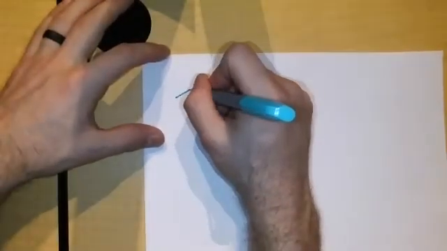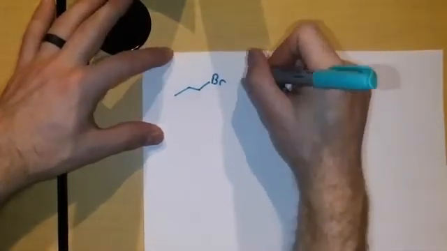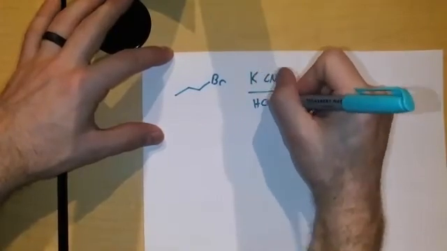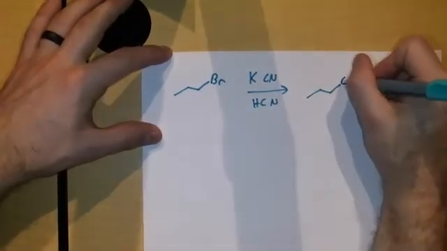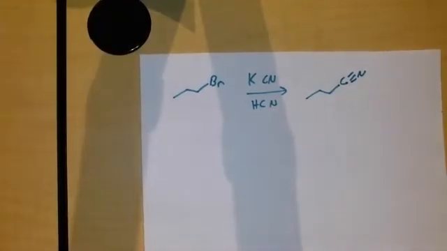The first one is through an SN2: taking a haloalkane, throwing in KCN and acetonitrile can let you make one. This also adds a carbon.